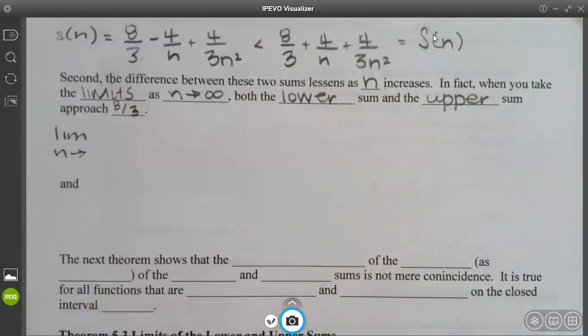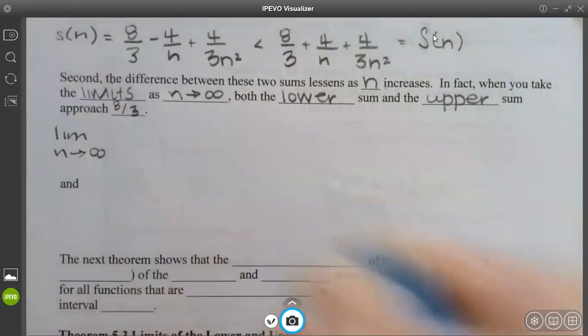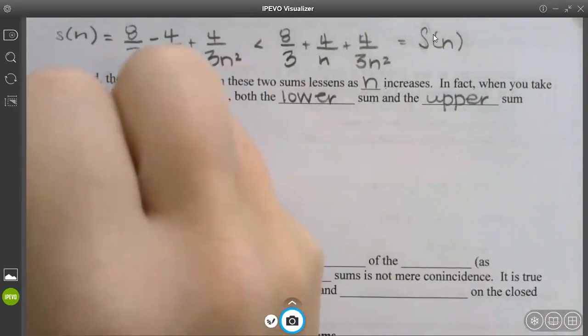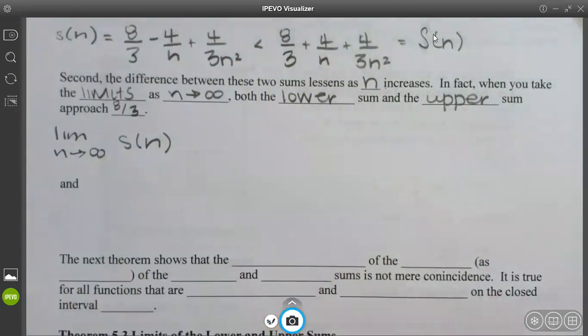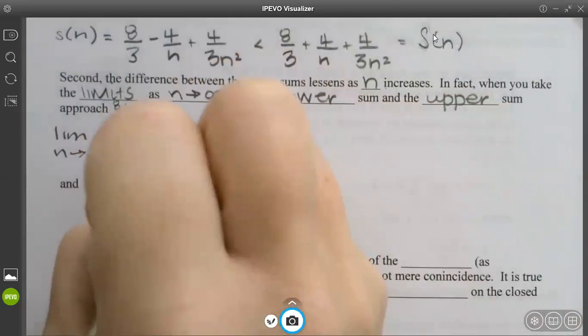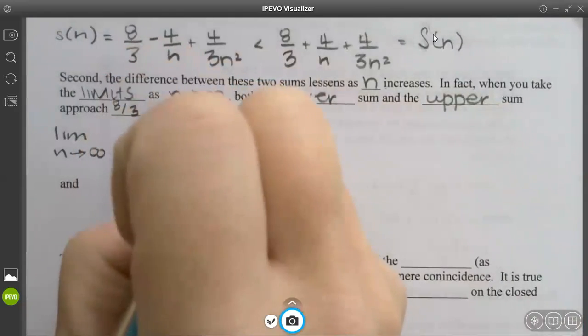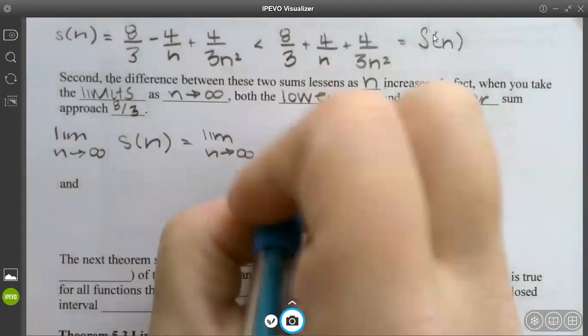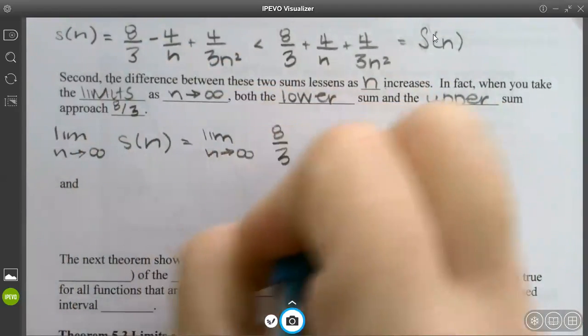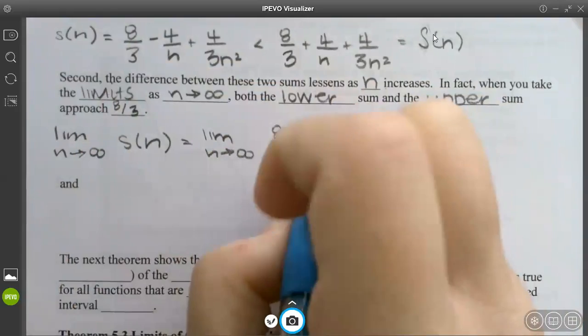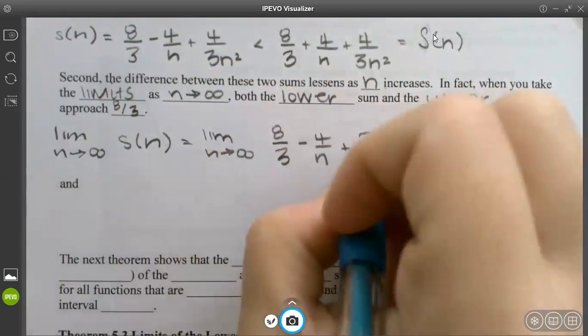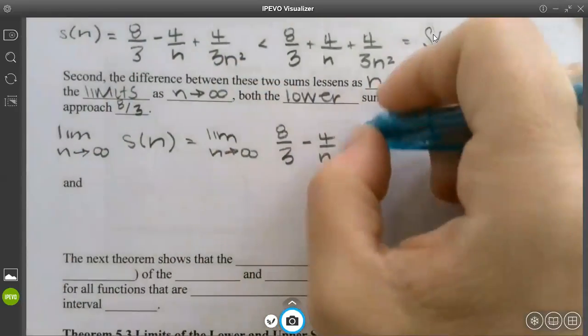And then we already know this. So the limit as n approaches infinity of your lower sum is going to be the limit as n approaches infinity of 8/3 minus 4 over n plus 4 over 3n squared.